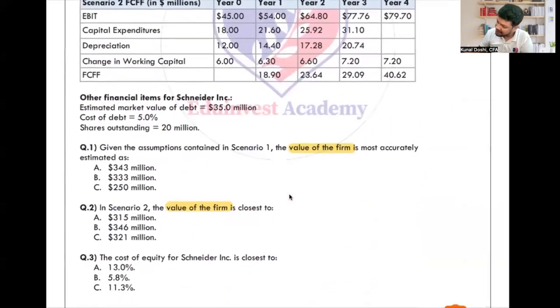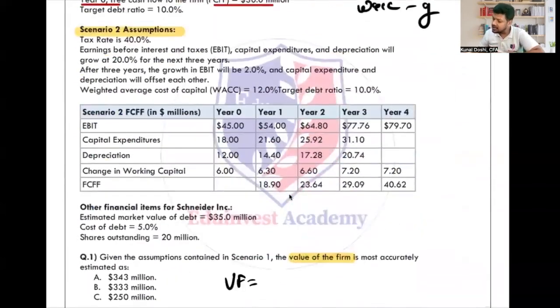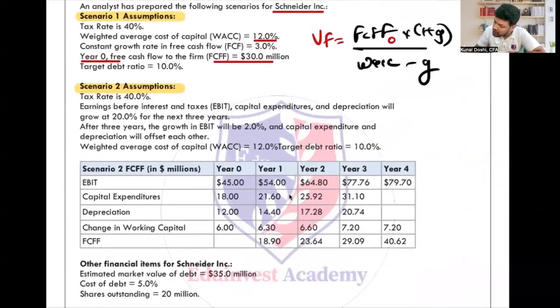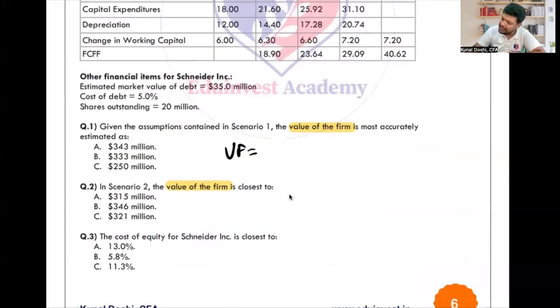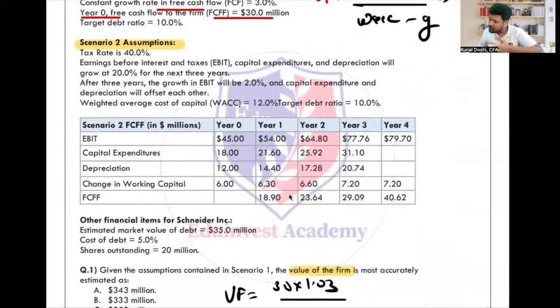So here my value of firm will be the current free cash flow. What is the current free cash flow? Year zero, current free cash flow is 30 million, and the growth in the free cash flow is 3%. Pretty much easy, not complicated at all. 1.03, correct? That is the growth rate. 30 into 1.03 divided by WACC minus growth, that is 9%.